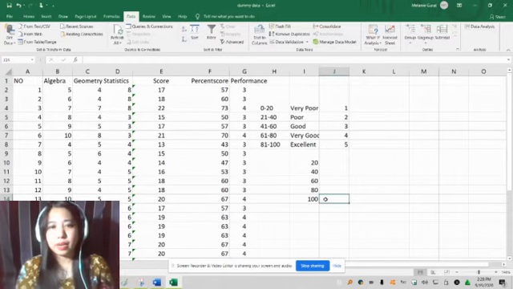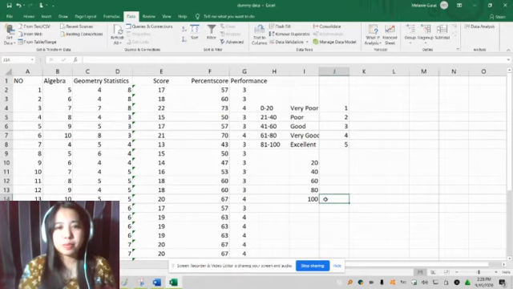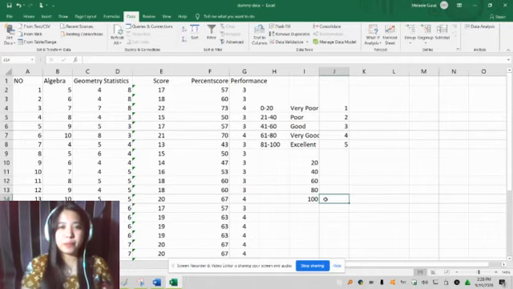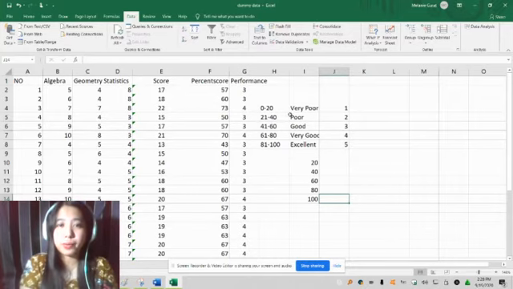Okay, so let's just recap. Our objective is to come up with the frequency distribution table that will show the number of respondents with very poor, poor, good, very good, and excellent performance in mathematics. So what you need to do is to encode the upper limits of your range here: 20, 40, 60, 80, 100.